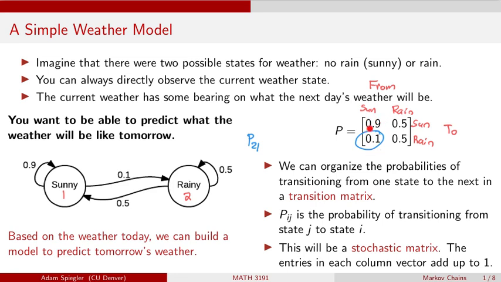So we call these columns probability vectors. And a matrix which satisfies this condition, that every column in the matrix is a probability vector, the entries add up to 1, then we call such a matrix a stochastic matrix. And these have lots of applications in probability, statistics, machine learning, and so on.